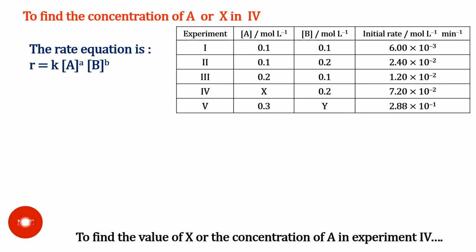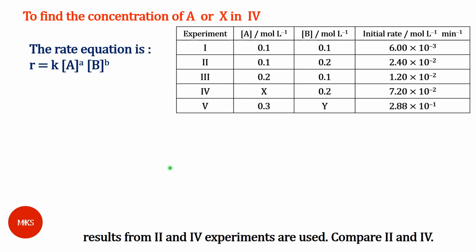To find the value of X, or the concentration of A in experiment number 4, results from experiment 2 and experiment number 4 are used. Compare experiment number 2 and 4.